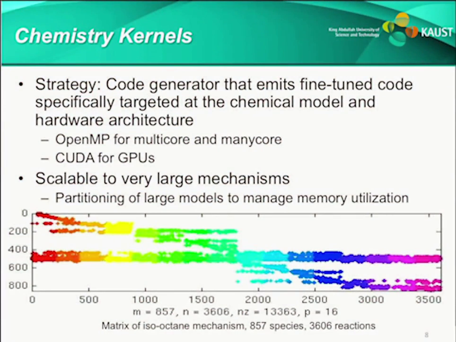I don't want to spend too much time on it, but chemistry kernels are one of the things that can be really best utilized by GPU architecture. So what you're seeing here is a huge matrix of an isooctane mechanism with 800 species and 3,000 reactions. They constitute a large, sparse matrix, which is difficult to manage.